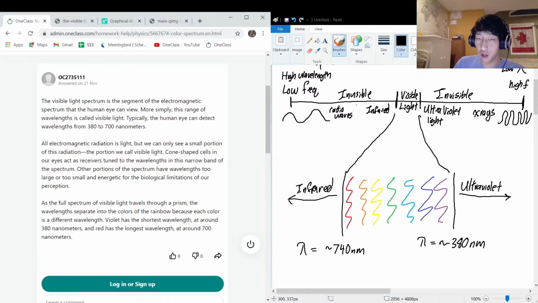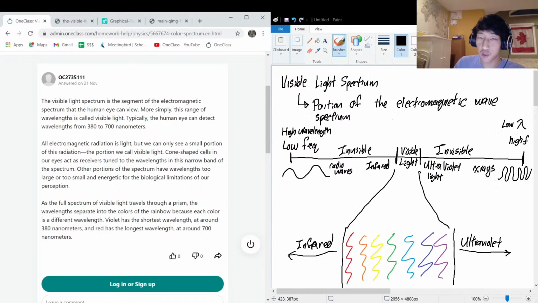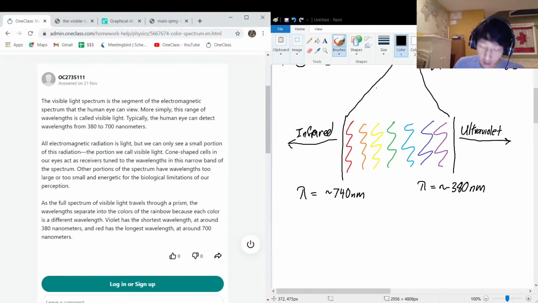If you want to know the relationship between wavelength and frequency, it's as follows. Wavelength is equal to the velocity of the wave, in meters per second, divided by frequency.